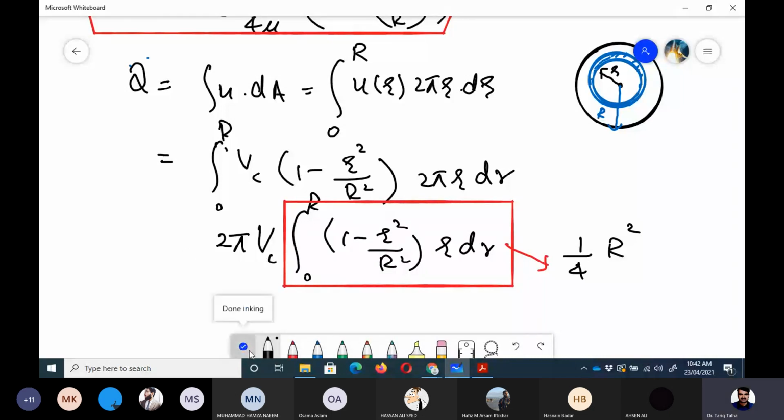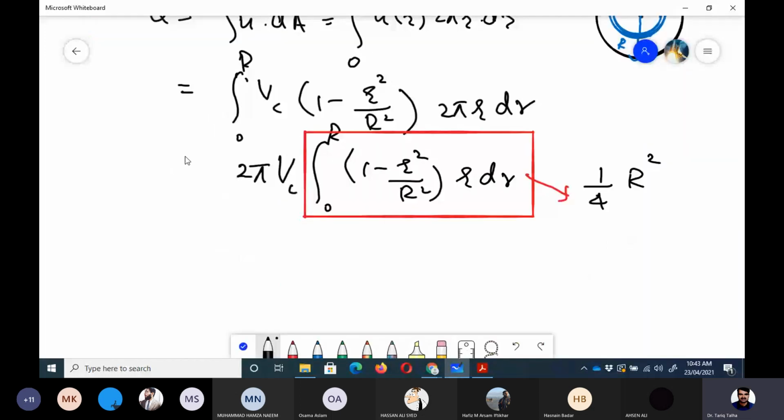So from here we can say that Q is 2 pi Vc into 1 by 4 R square.